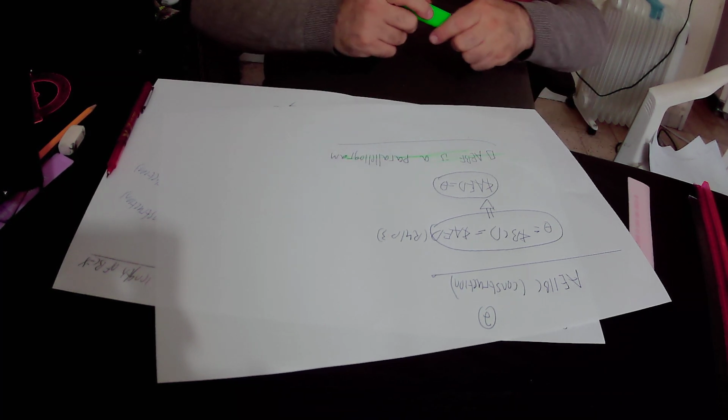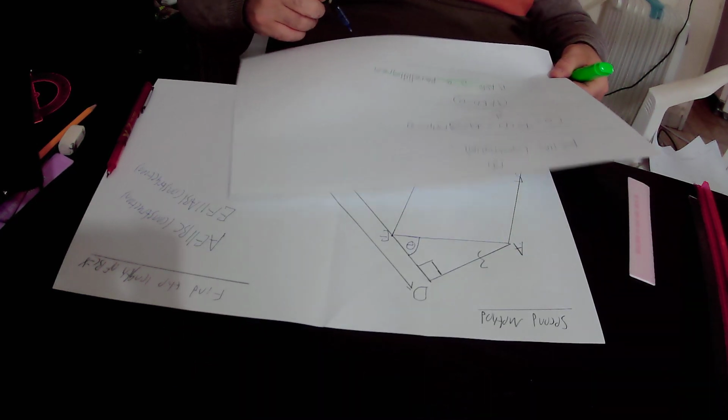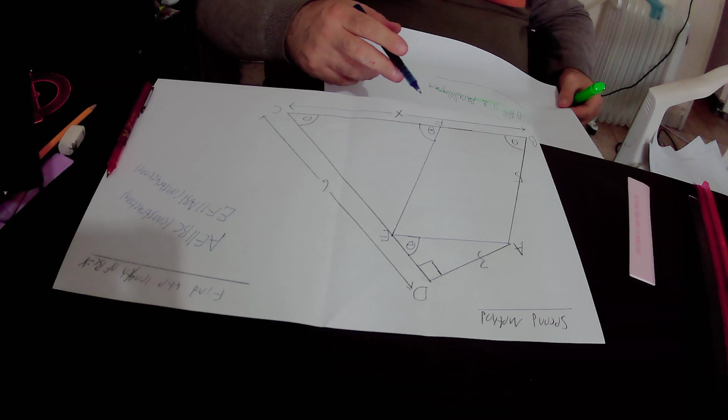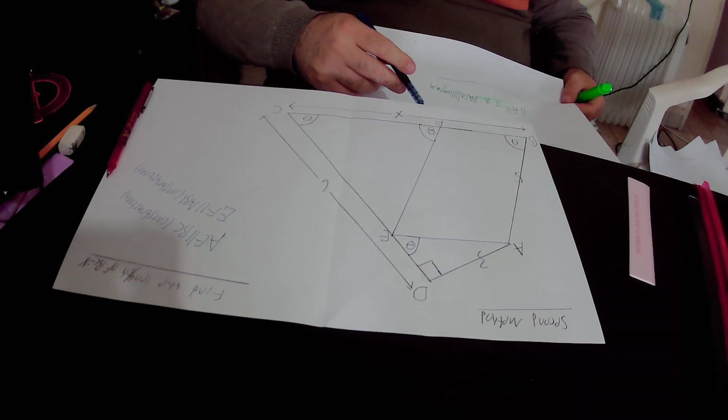And we also know that the opposite sides of a parallelogram are equal to each other. So this will be rule number 4.